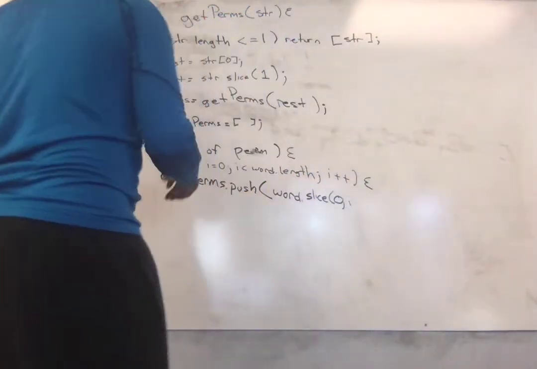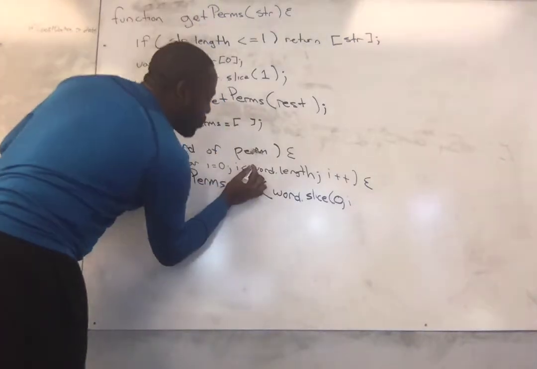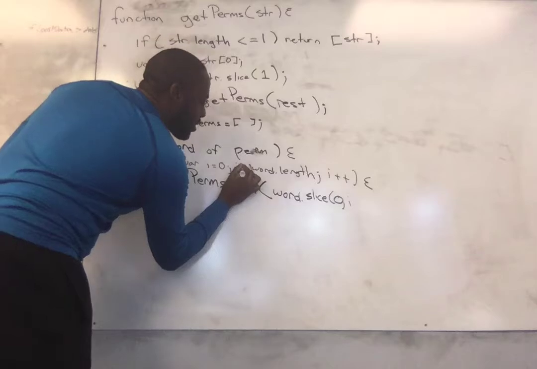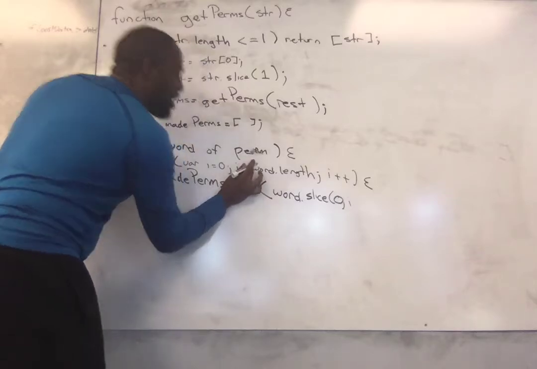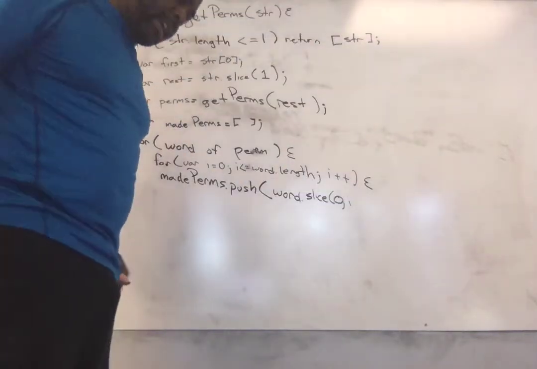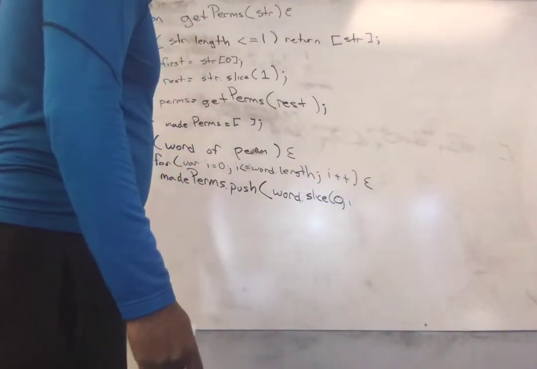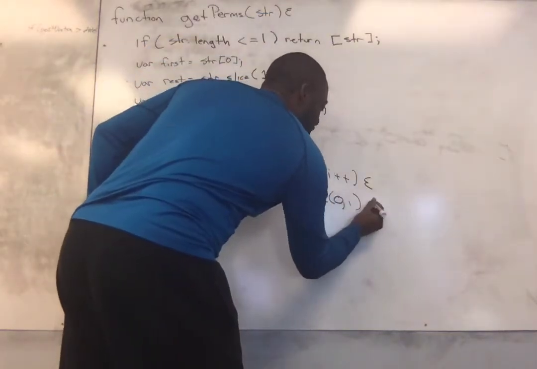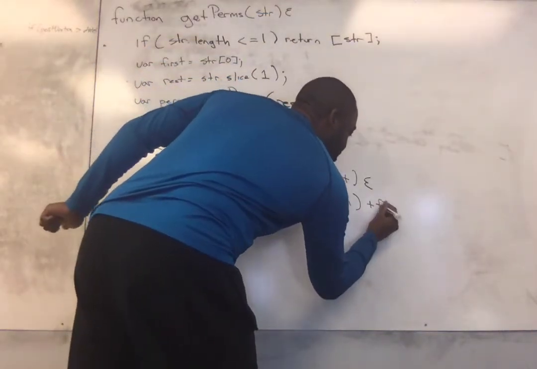Oh, and I made one mistake. What we're going to do is go to word.length here, just to make sure we can push the character to the end of the length. If you don't do that, you won't be able to push the character to the end of the word.